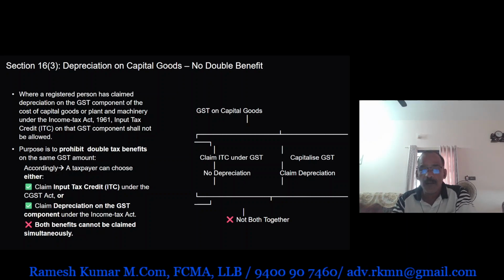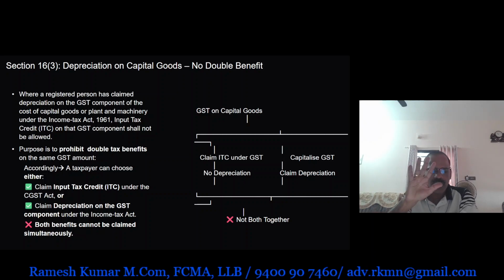What is option 1? Option 1 is to claim ITC on the entire capital goods value. Option 2 is to add the GST you paid when you purchased the capital goods to the cost of purchase and capitalize it, and claim depreciation. The law says you must choose only one option, so no double benefit.